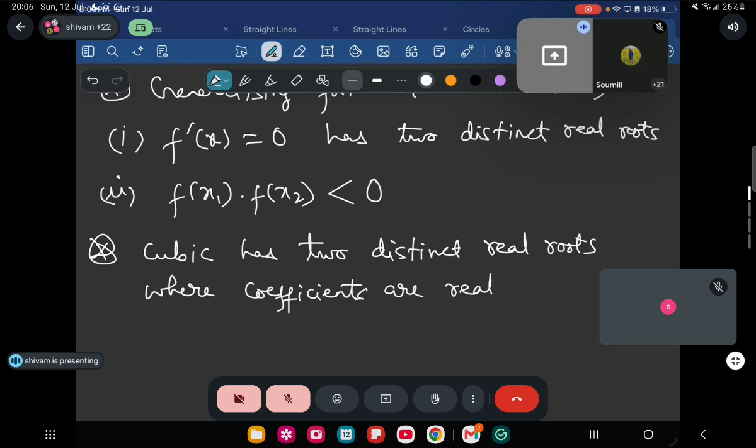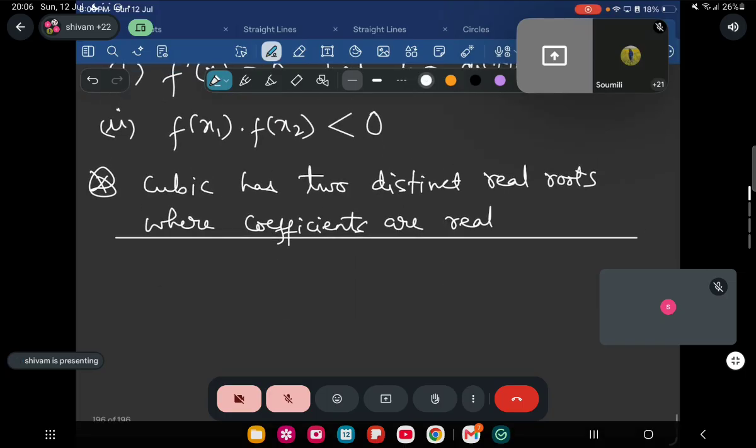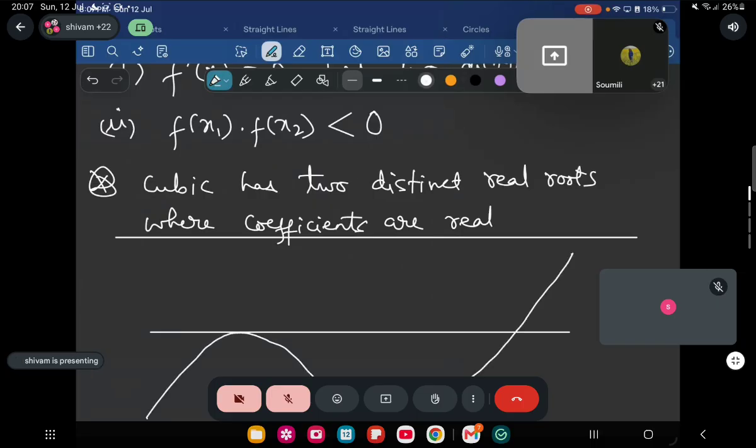Tell me, those who are online, can a cubic have 2 distinct real roots? How about this graph? Does it have 2 distinct real roots? Yes or no? Yes, sir.